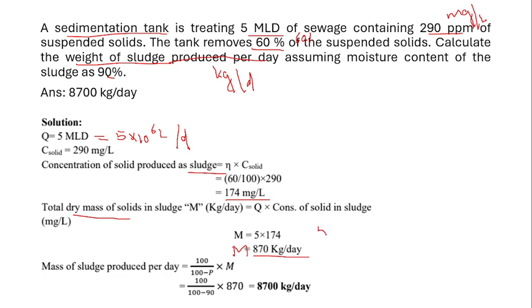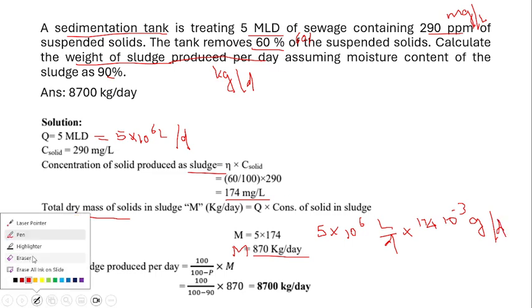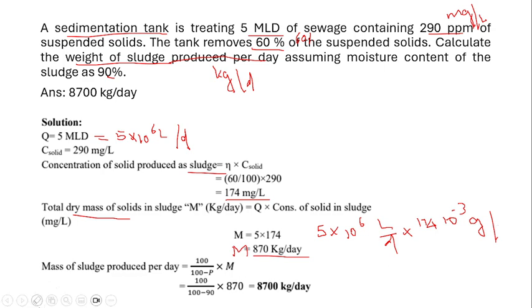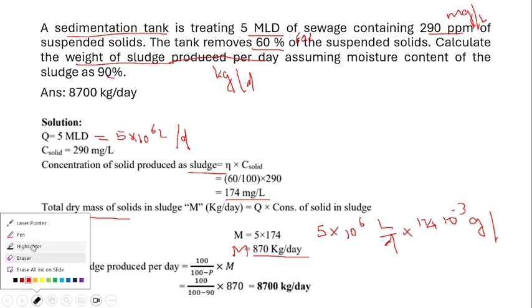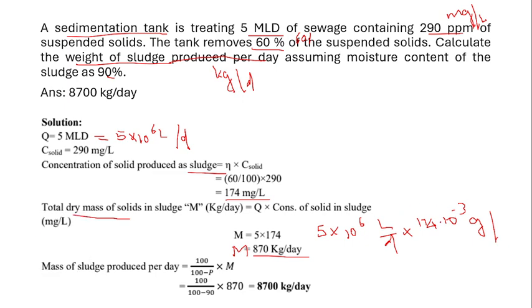So 5 MLD is 5 into 10 power 6 liters per day, into 174 mg per liter. mg is 10 power minus 3 grams, so 10 power minus 6 into 10 power minus 3 is again 10 power 3.